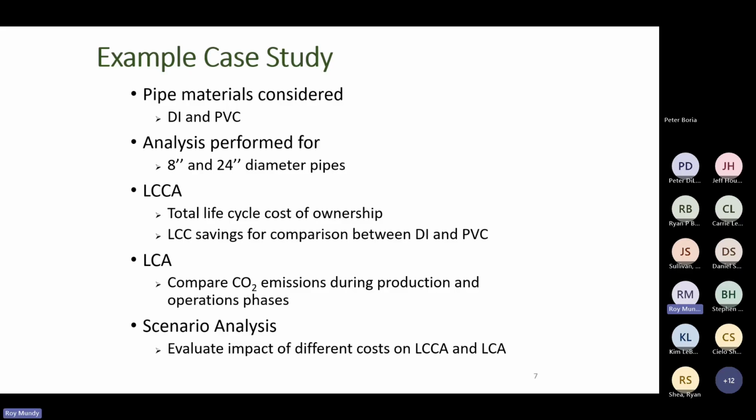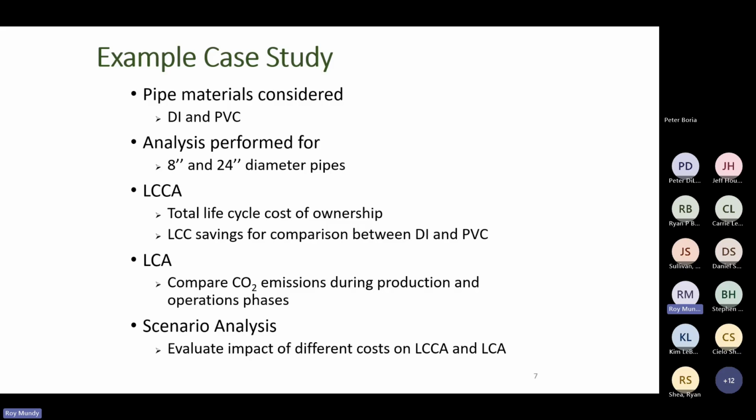They also specifically looked at two diameters of pipe, 8-inch and 24-inch. 8-inch because 8-inch diameter pipe is the most prolifically used diameter of pipe sold in this country. And 24-inch pipe representing a larger diameter of pipe that has certain attributes toward the transmission systems within a utility.